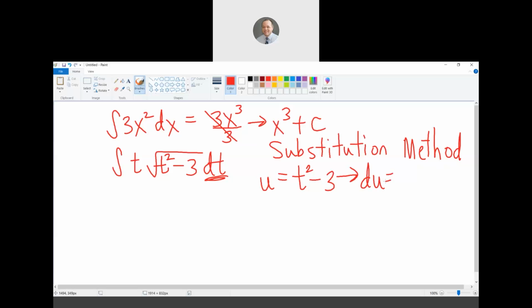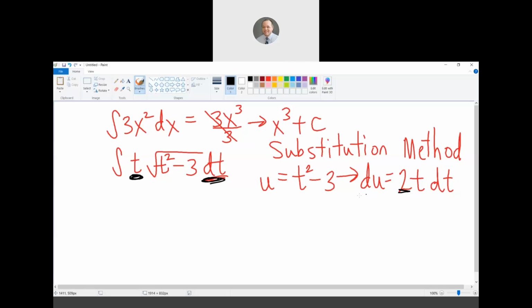And the derivative of t squared minus 3 is 2t. And the dt means that you took the derivative with respect to t. Now, what we're trying to plug in is t dt, but we have a 2 in front of that t dt.